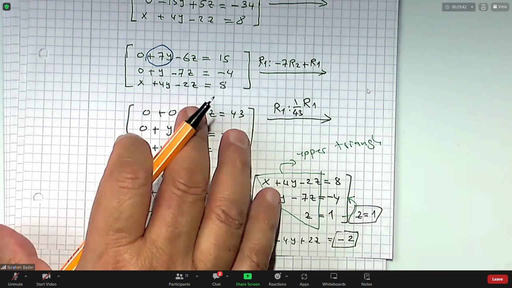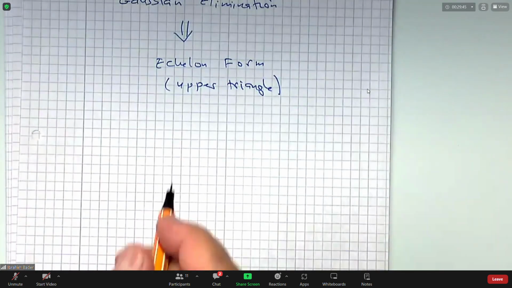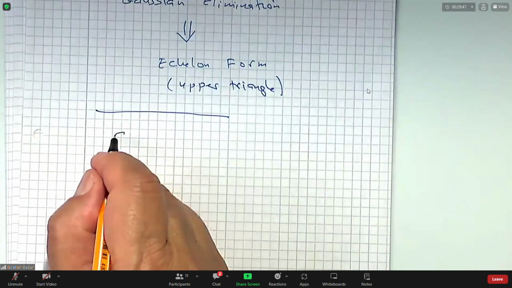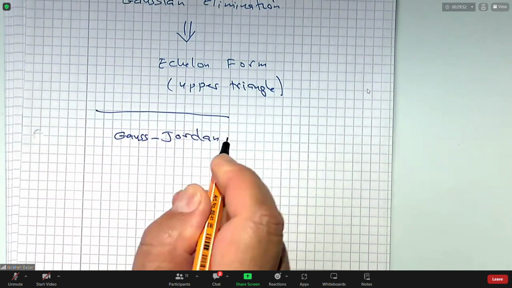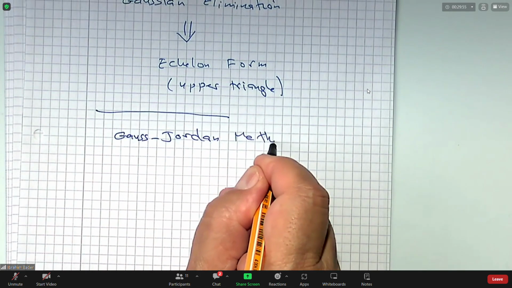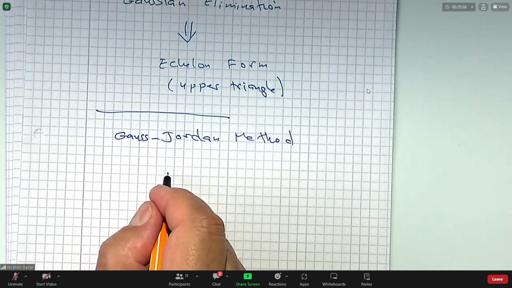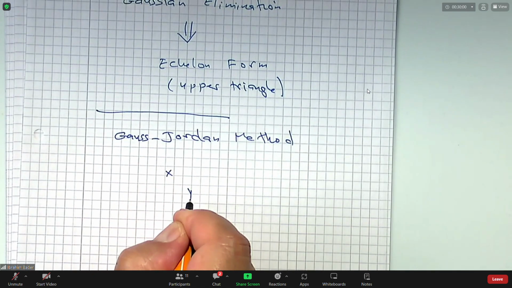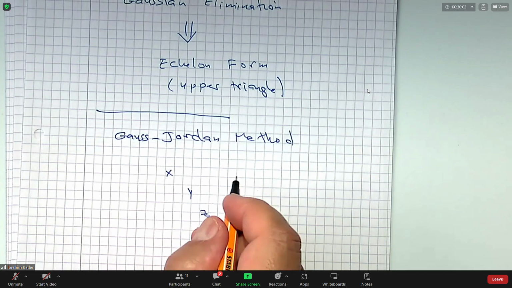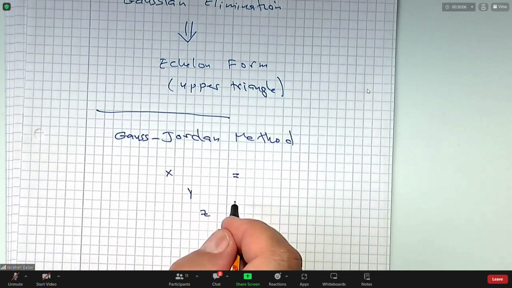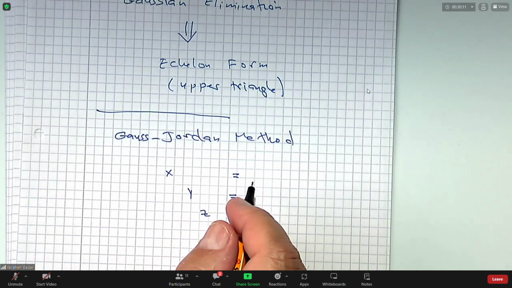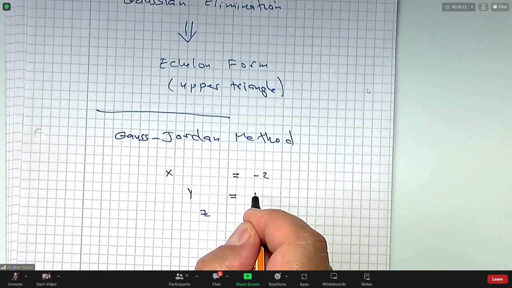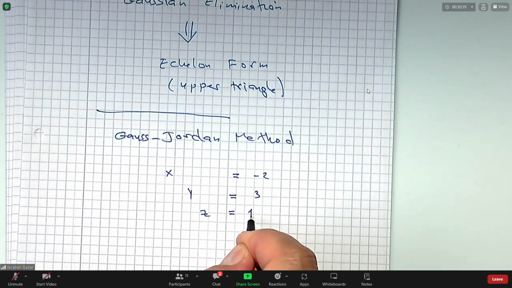But if you go all the way and reduce it to what we call the Gauss-Jordan elimination method, you end up having here x, y, z, and here you have something equal. In this exercise, the solution was -2, 3, and 1.